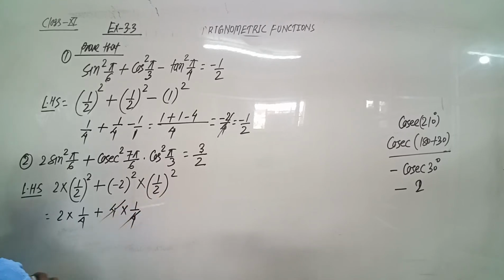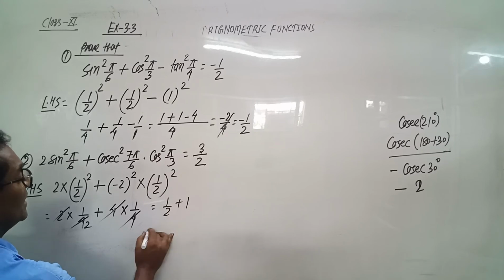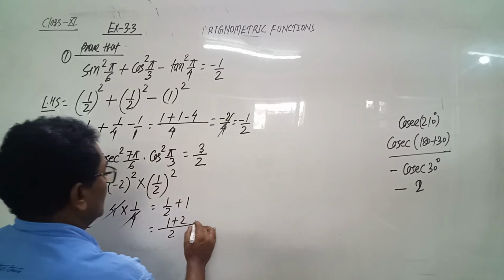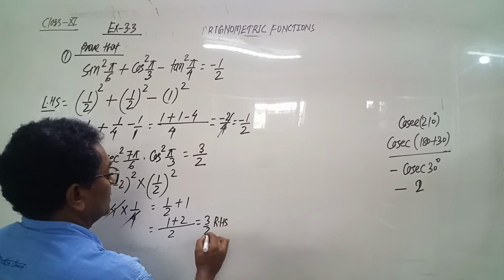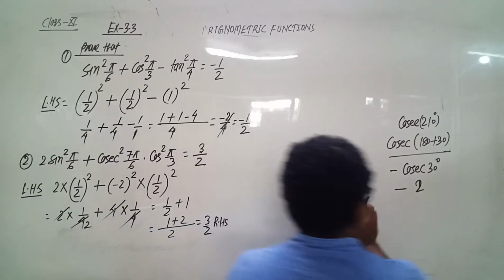So 4 and 4 cancel, 2 and 4 cancel, and it comes to 1 by 2 plus 1. Taking LCM 2, we get 1 plus 2, which is 3 by 2, which is RHS. So LHS equals RHS.